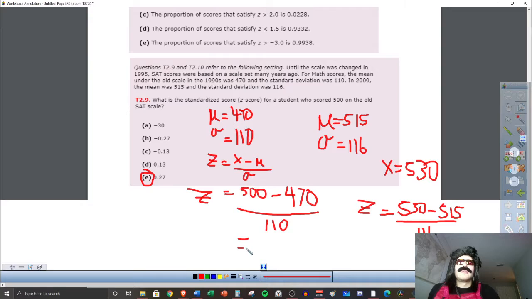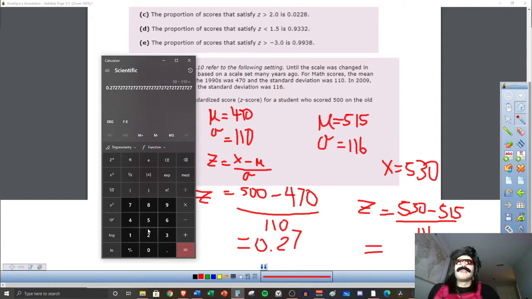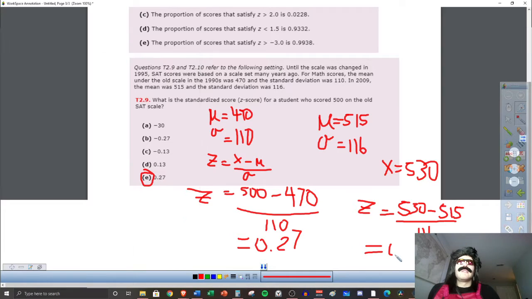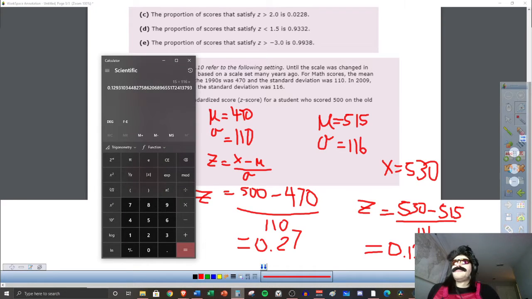So this one was 0.27. Calculate this one. 530, take away 515. So that's 15 divided by 116. So we get 0.129 or 0.13. I don't know how it would round it.